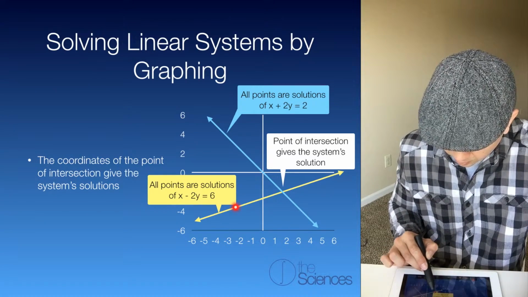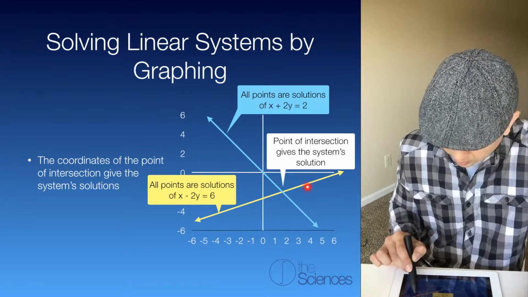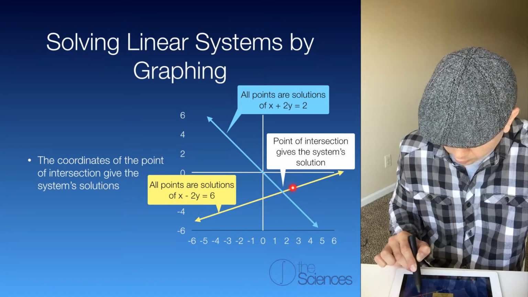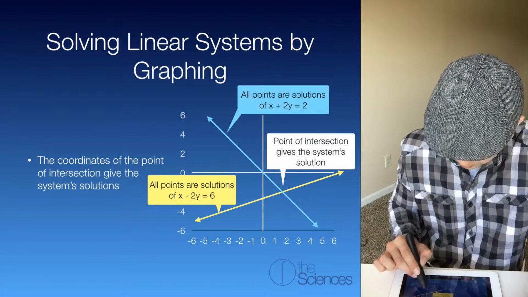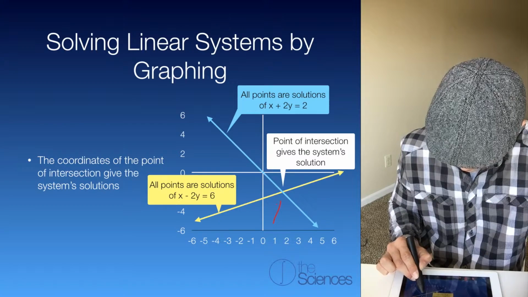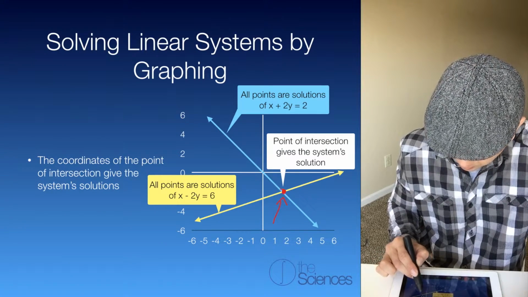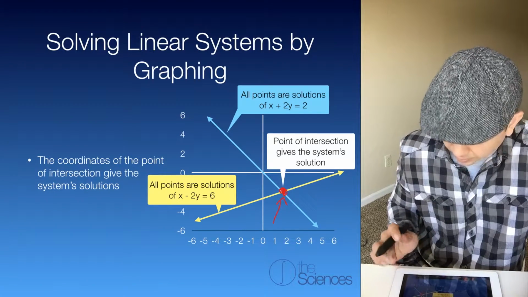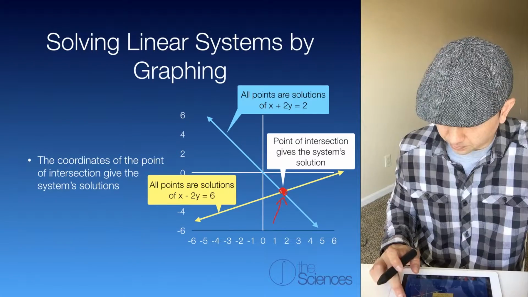And in the line x minus 2y equals 6, all the points on this line are solutions. Now the point of intersection, the point where they come together, gives the system solution. So this point right here is the system's solution.